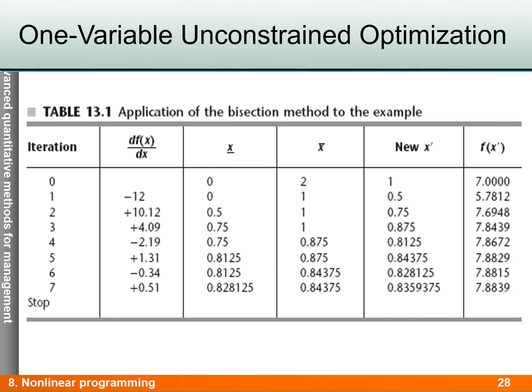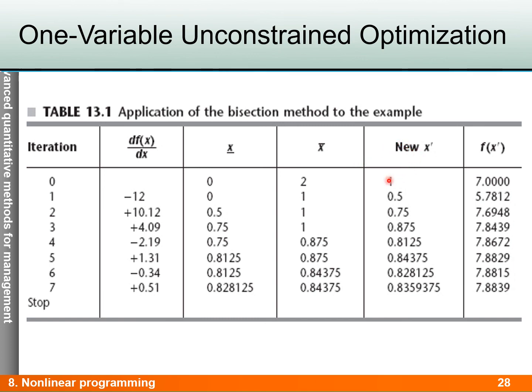As you remember, when the first derivative of the objective function is less than or equal to 0, we substitute this x prime as the next x bar, the upper bound for the next iteration.